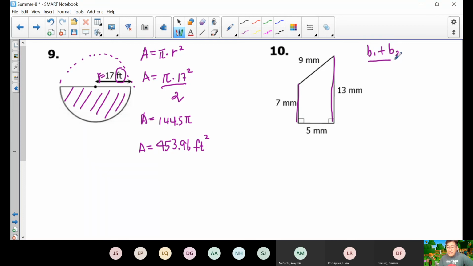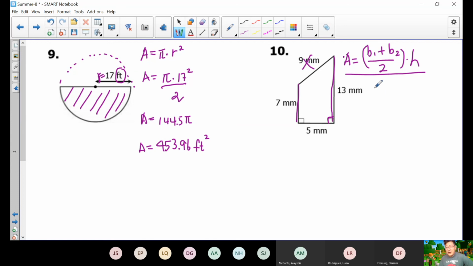We add them together, divide by 2, then we can find the median base. And for height, you should find this perpendicular sign, right? So height is not 9, height is 5. This part is height. Area. This is the formula, right?